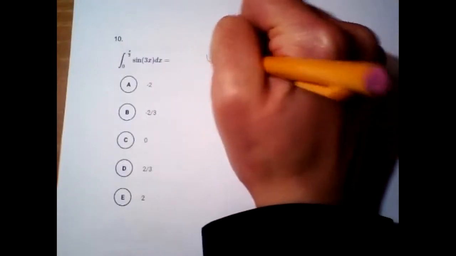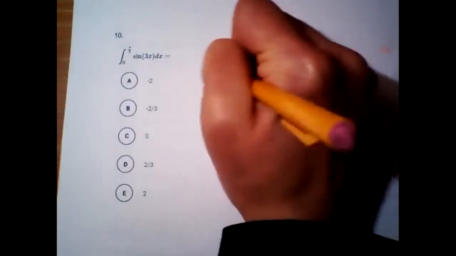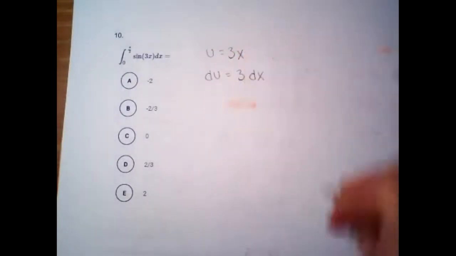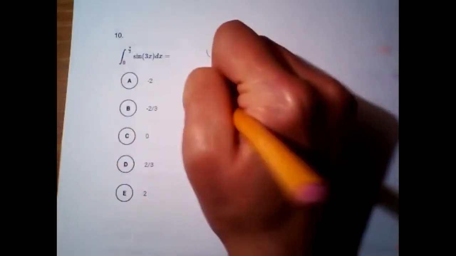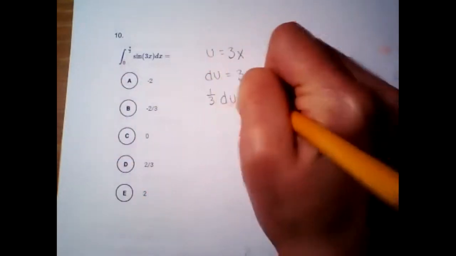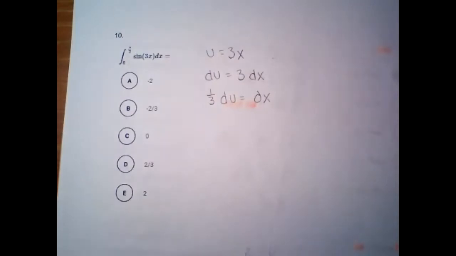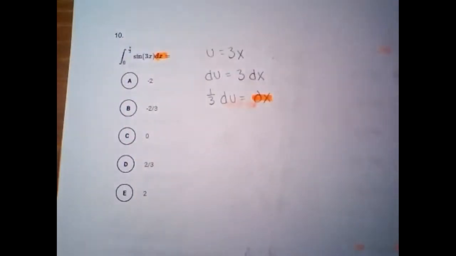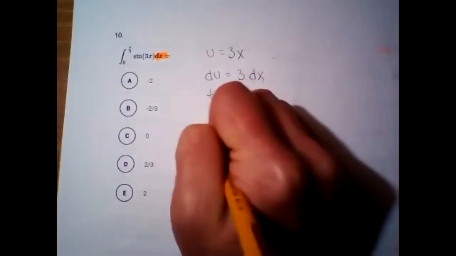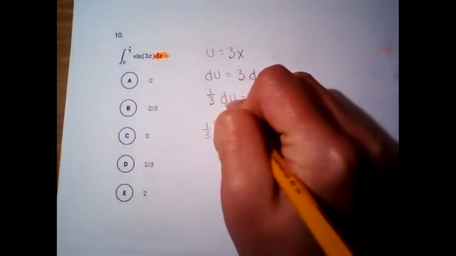And then last one, we're going to let u equal 3x, the inside part. That derivative is just 3 dx. I don't have a 3 out here in the problem, so we're going to do 1/3. So the only thing I get to highlight in this one is dx. That's okay. In its place, I'm going to put 1/3 du.